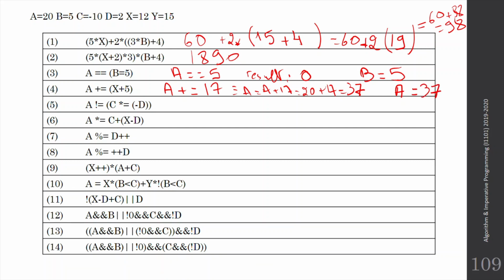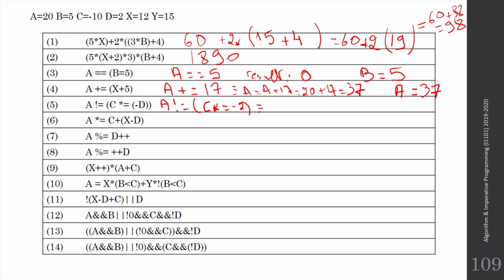The fifth one, we have a not equal to c multiple equal minus d. So again, we will do first what's inside the brackets. So a different than c multiple equal minus d. In d we have 2, so it will be minus 2.